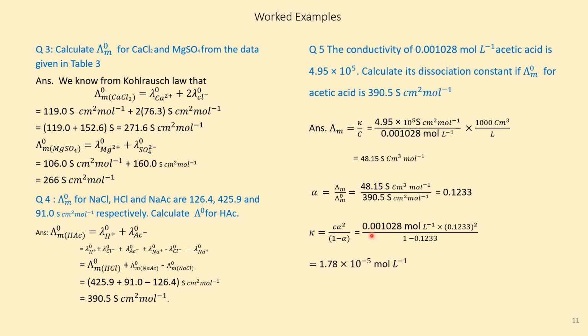That is 0.001028 mole per liter into 0.1233, as we have calculated here, whole square, divided by 1 minus 0.1233. Simplifying, we get 1.78 × 10⁻⁵ mole per liter.